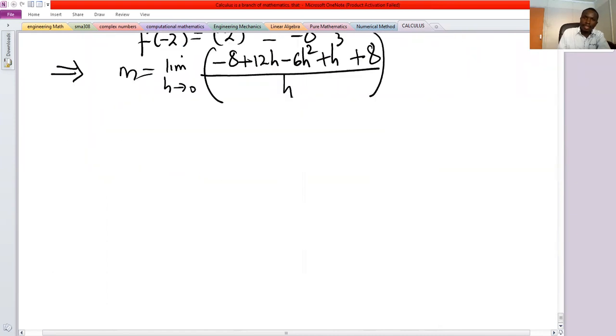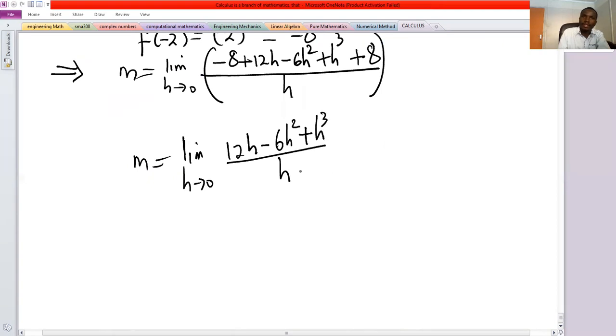Now -8 plus 8 is 0, so m will be the limit as h approaches 0 of 12h minus 6h squared plus h power 3 divided by h, which is the limit as h approaches 0, factor out h, into 12 minus 6h plus h squared.